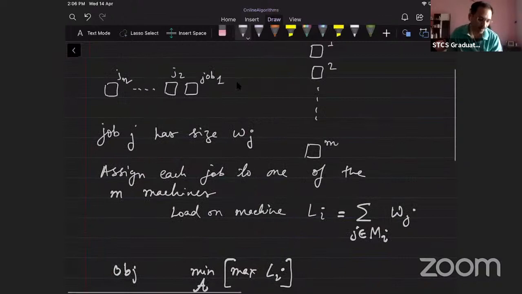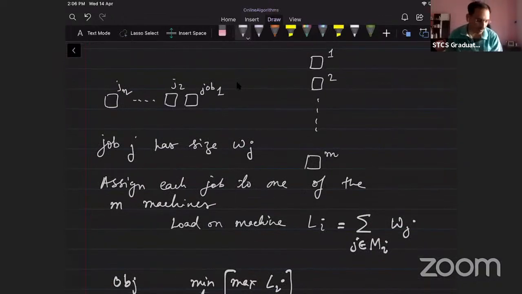So suppose you do that, can you give a trivial upper bound on the competitive ratio of such an algorithm?